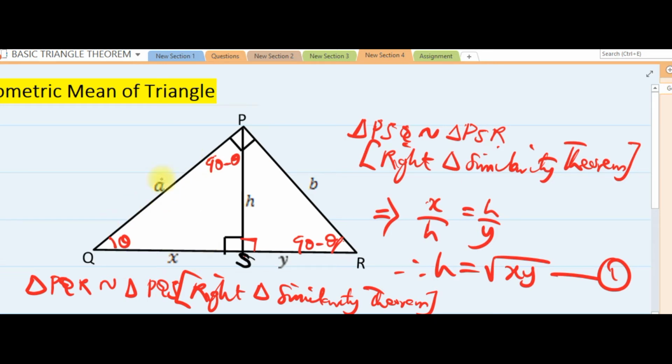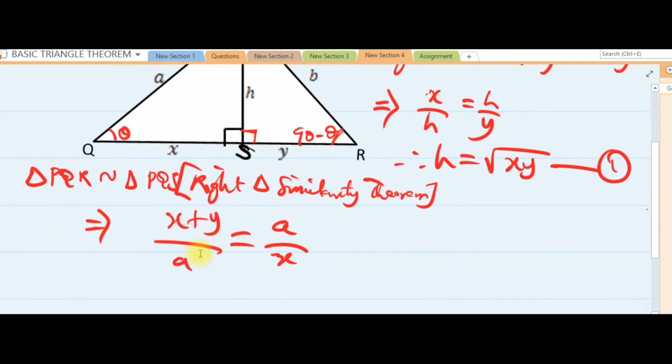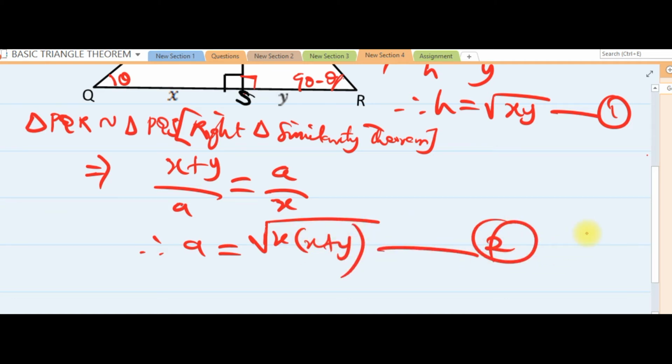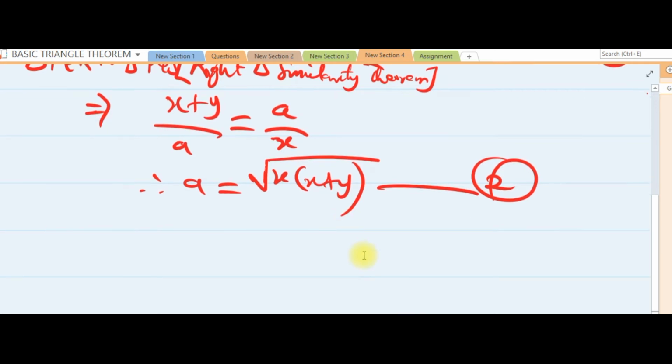Then a, that is the leg of the bigger triangle, PQ, corresponds to x, which is the leg of the smaller triangle. Therefore, a is now square root of x times x plus y. Very, very important. This is another important formula.